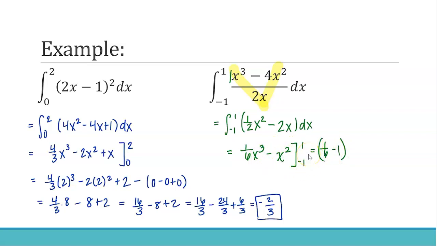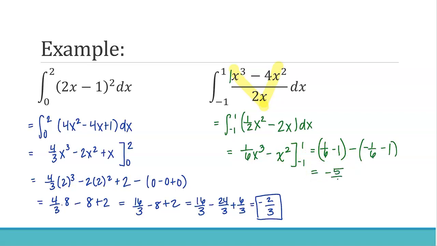And now we're going to subtract, plugging a -1 into each x. If I plug in a -1, -1 cubed is -1 times 1/6 gives me -1/6 minus, if I plug in -1 here and square it, it becomes +1. So we have -1. So just make sure and be careful with the negatives, take your time with it.